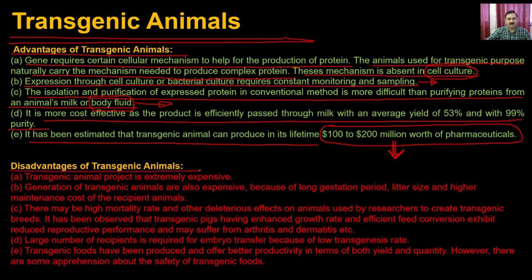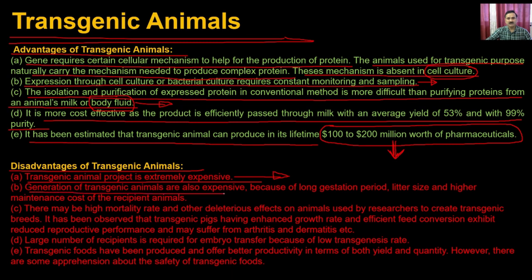What are the disadvantages? The disadvantage is that the transgenic project is very expensive, because producing a protein from a cell culture or bacterial culture is very cheap compared to that. First, you have to develop the transgenic animals expressing that particular foreign gene, and that itself is a very expensive process.